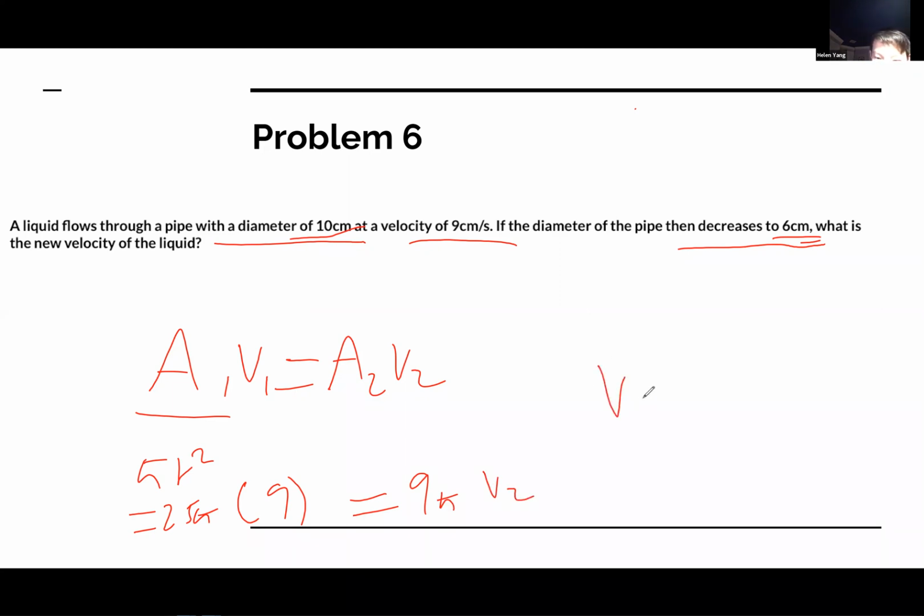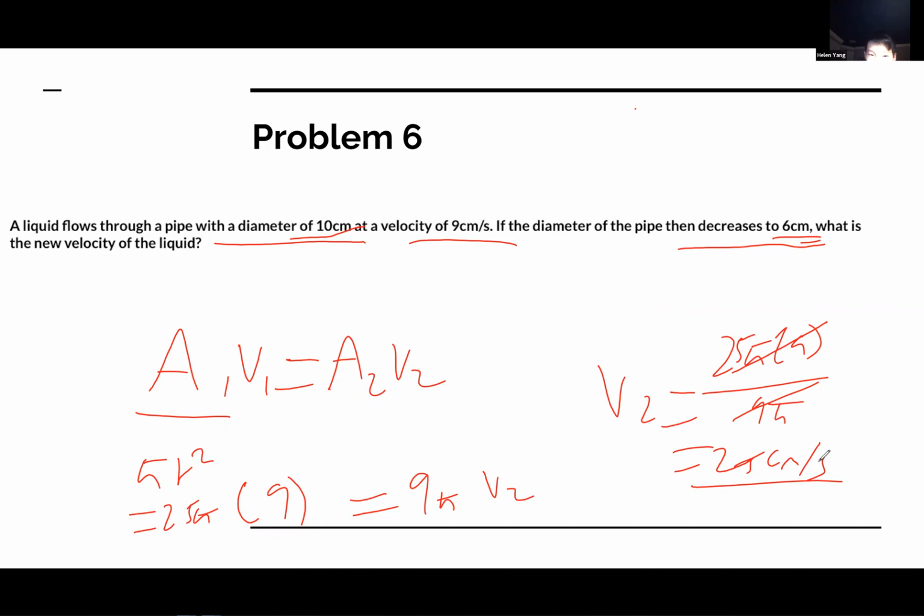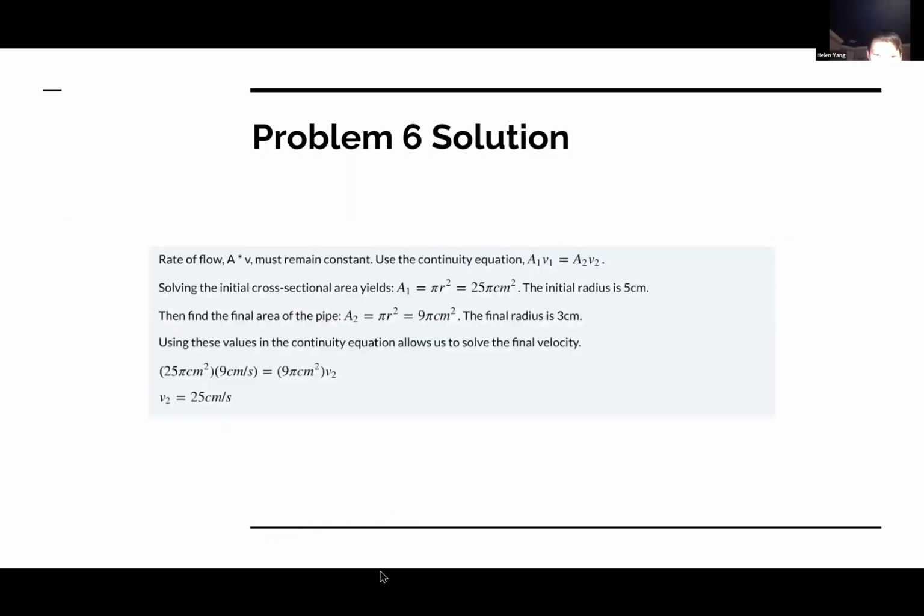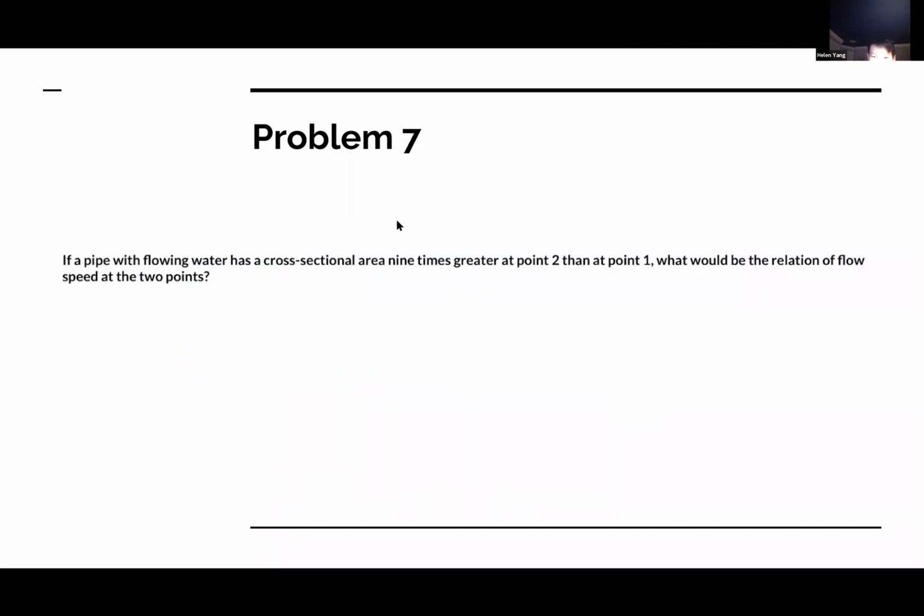So the new velocity would be 25 pi times 9 divided by 9 pi. Cancel this part out, and you just get 25 centimeters per second. All right, so this is the solution. And you can do question 7.